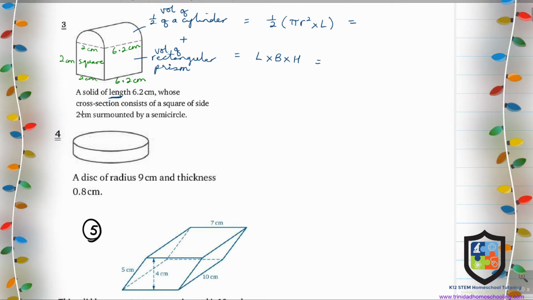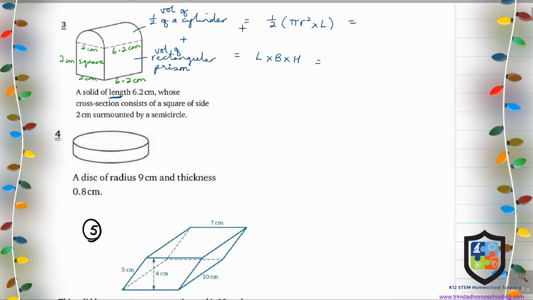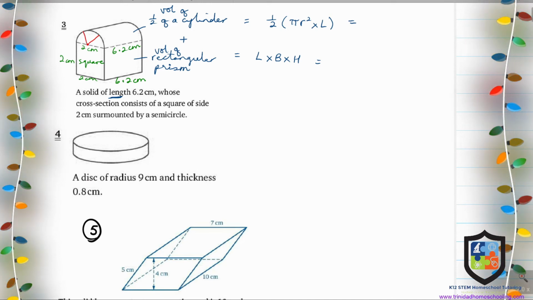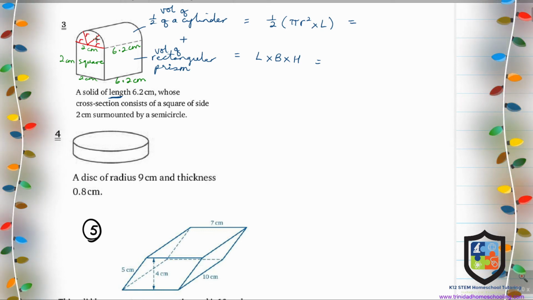So let's find the values of these now. Now we are missing a radius. How can we find the radius? We know that the radius starts from the center and extends towards the circumference. Now if this is a radius, it means that this is also a radius, and also this and this. Alright, so a radius here, radius there, and there, and there.